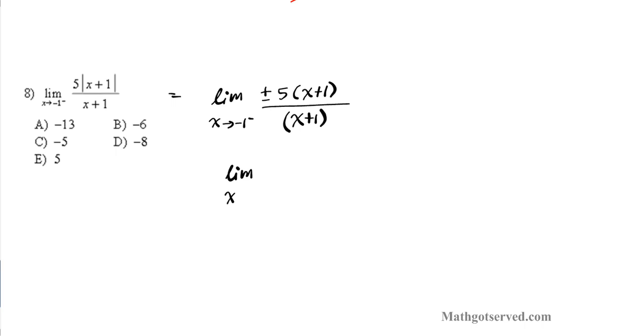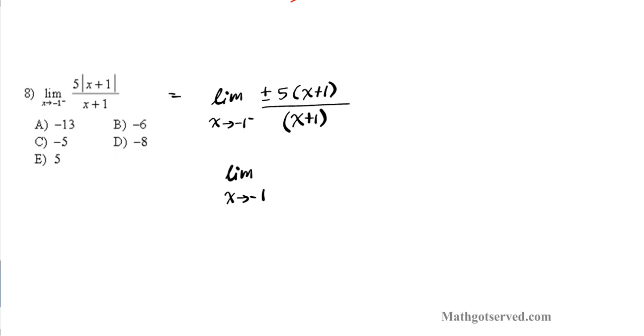All right, let's take a look at problem number 8. It's very similar to what we just did. So for this one, we're going to write this as the limit as x approaches negative 1 from the left of plus or minus 5 times x plus 1 over x plus 1. Okay. Now since we're approaching from the left, which sign are we going to take? Plus or minus?